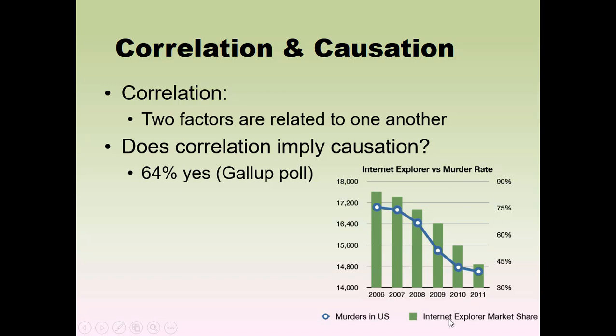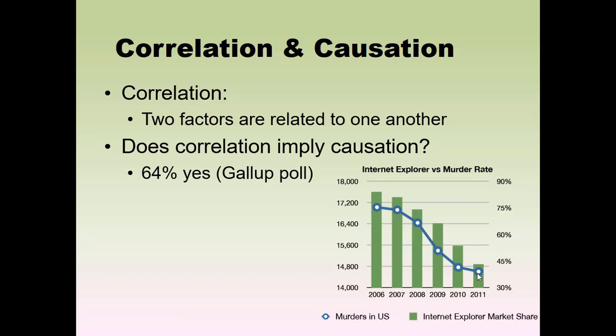The green bars represent Internet Explorer market share from 2006 to 2011, shown by percentage. Here we've got murders in the United States, and we see that there is a distinct correlation between these two factors.